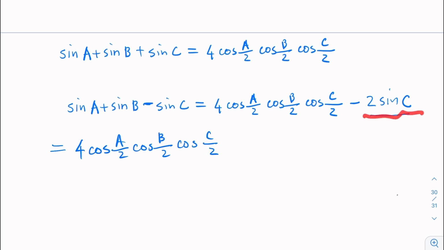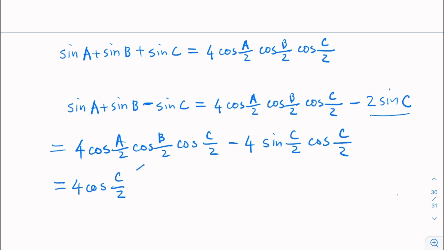This part equals 2 sine C over 2 cosine C over 2. So this becomes minus 4 sine C over 2 cosine C over 2. And you're going to take out the common factor, 4 cosine C over 2. And then what you're left with? Sine C over 2.